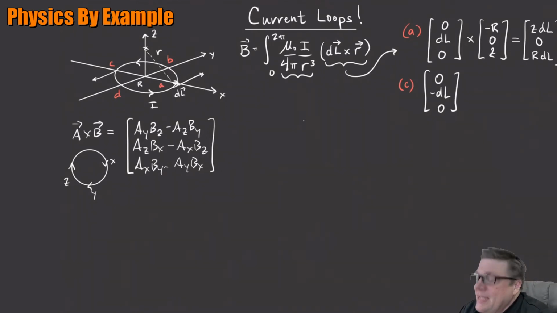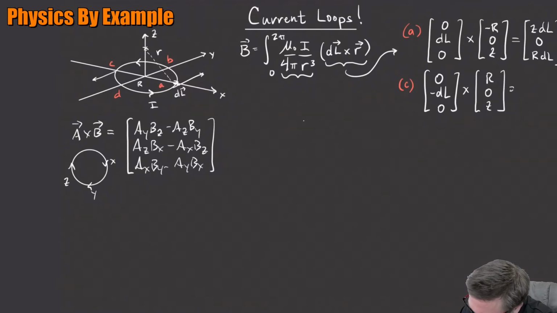That's all that's happening. And what's happening in the r vector? Now I have to go plus R and 0 and z. So when you do this, the dl switches sign and the r switches sign, right? Well, that doesn't change the z component. If I switch both of those signs, I still get that. But up here, I get minus z dl.